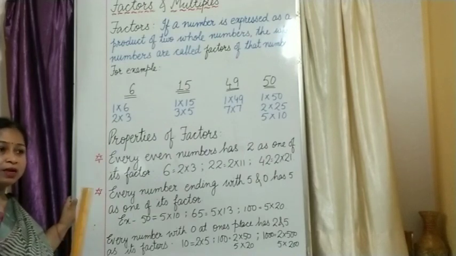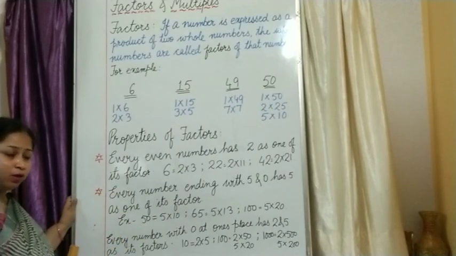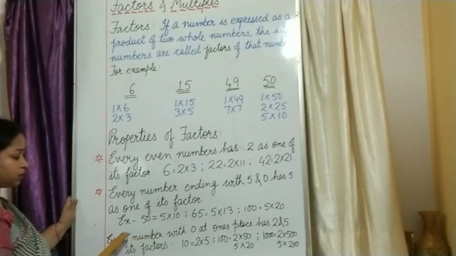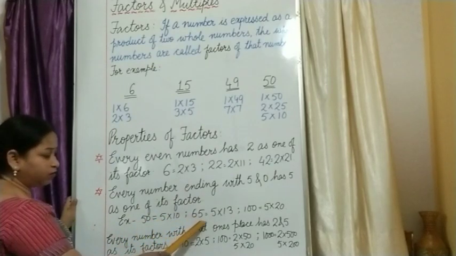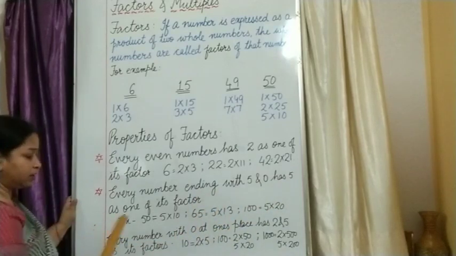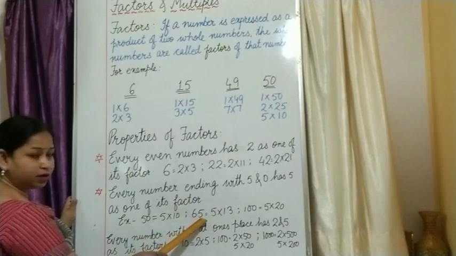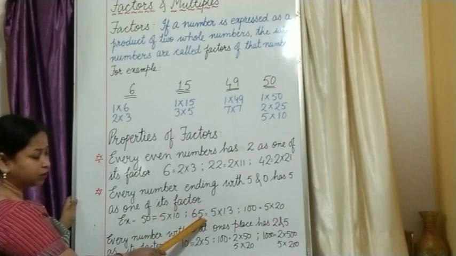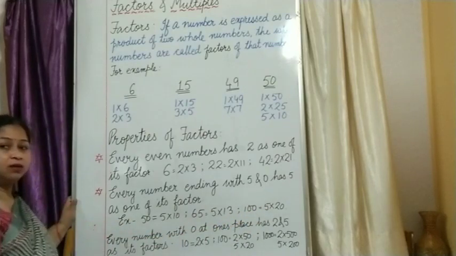So you can see that each time at one's place, it is ending with 0 or 5. I have taken a few examples. 50, 5 multiplied by 10. 65, 5 multiplied by 13. 100, 5 multiplied by 20. So in all these cases, whether it is ending with 0 or with 5 as in 65, you can see that everywhere we have a factor 5.